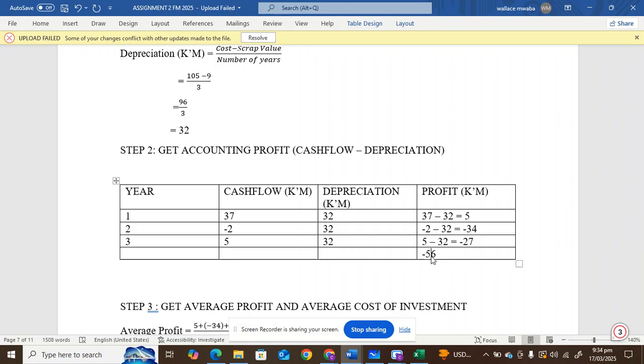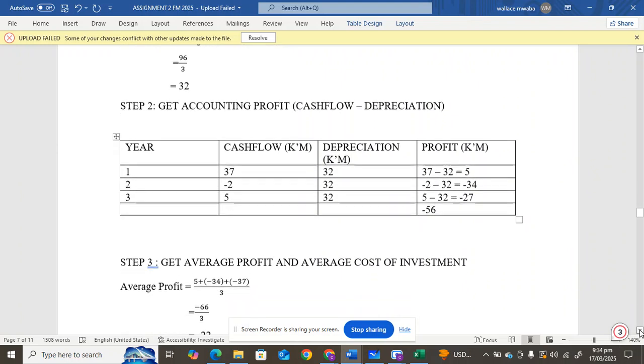Any questions before we go to step 3? Okay, step 3, we need to get the average profit and the average cost of investment.